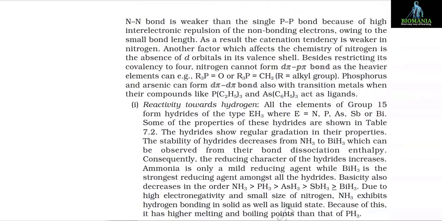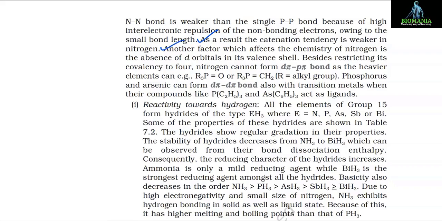However, the single nitrogen-nitrogen bond is weaker than the single phosphorus-phosphorus bond because of high interelectronic repulsion of the non-bonding electrons owing to the small bond length. As a result, the catenation tendency is weaker in nitrogen.